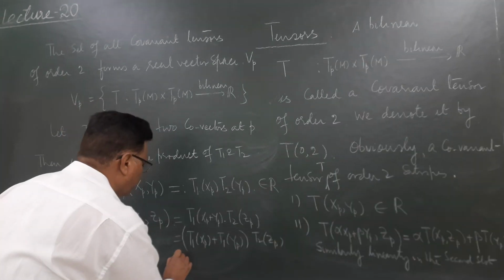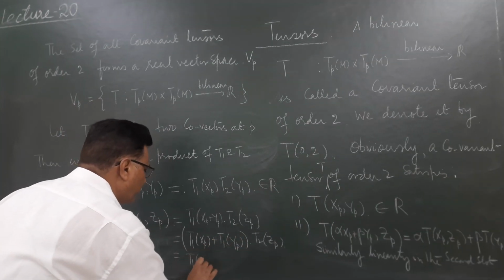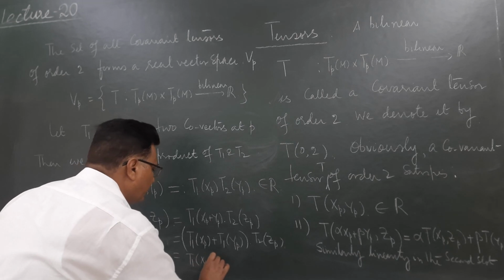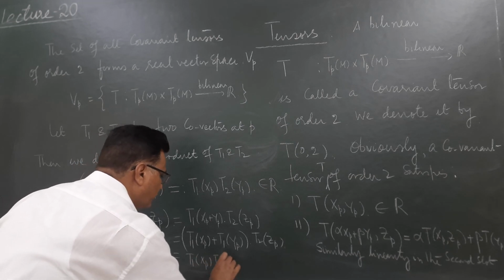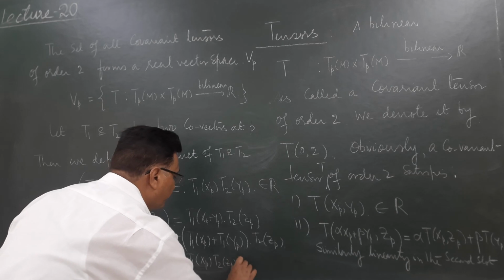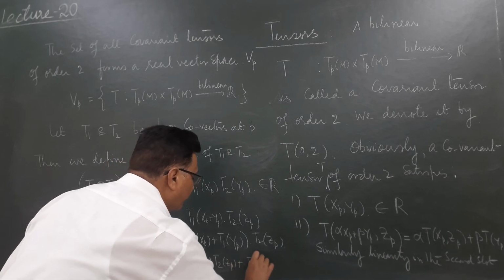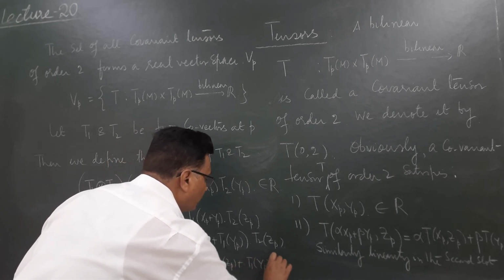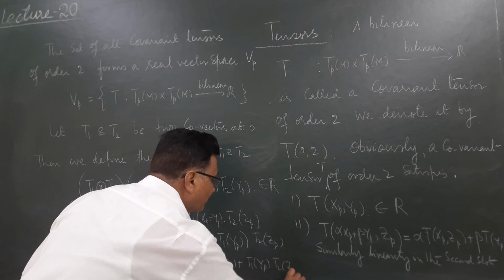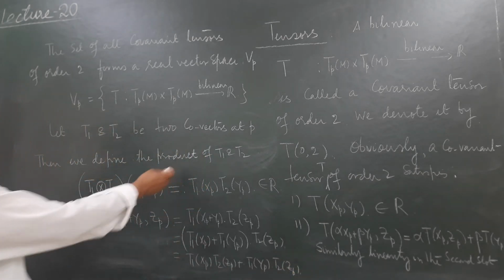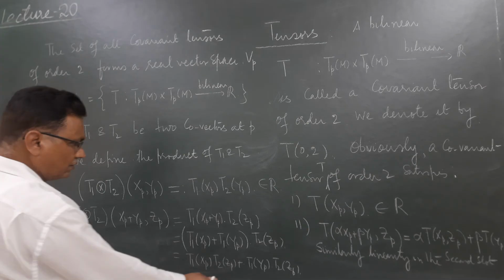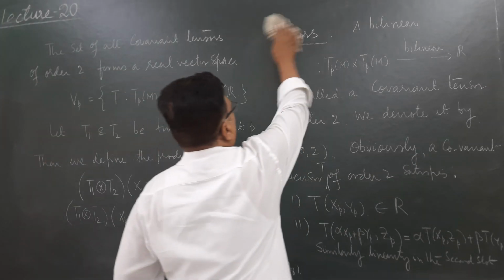So these are simple real numbers, तो यहाँ पे आपको कोई परेशानी नहीं है. It will be T1(xp) into T2(zp) plus T1(yp) into T2(zp). Now apply the definition. What is this? Let me write down here.